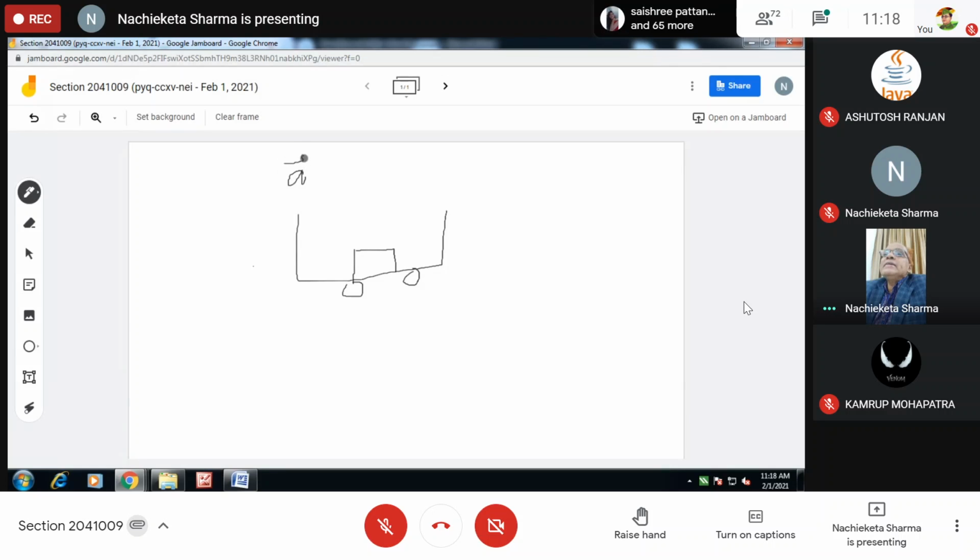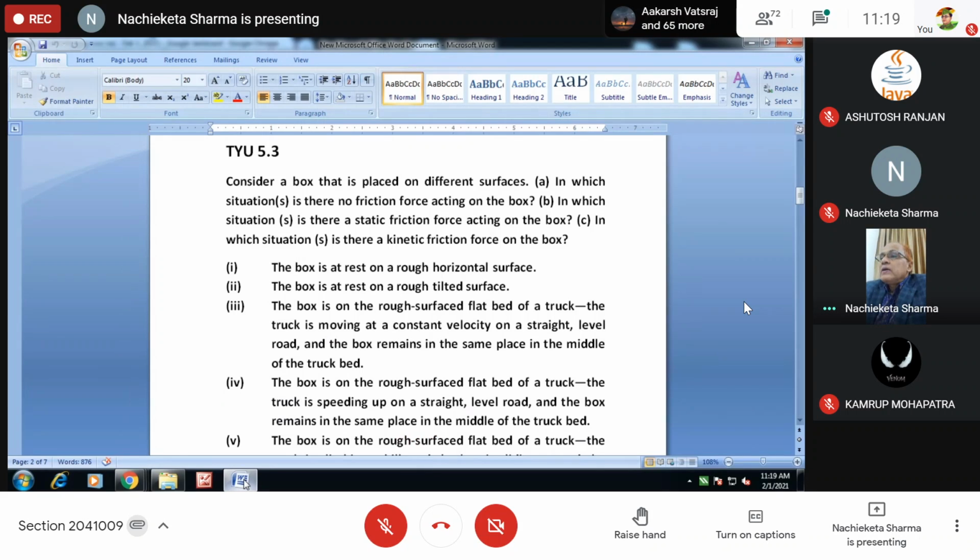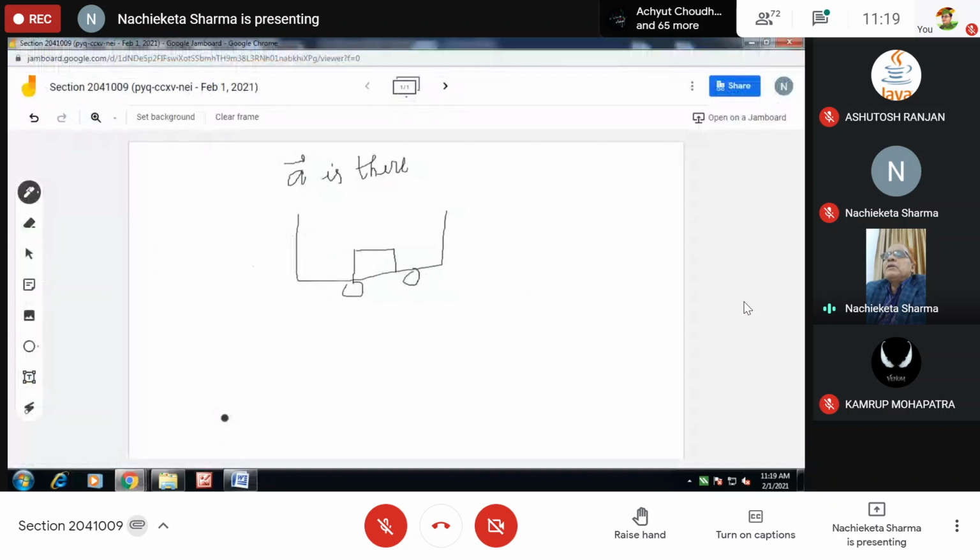The truck is speeding up, because there is a force on the truck. And the box remains in the same place in the middle of the truck bed. The box is not moving, but there is a force acting on the truck, otherwise where would this acceleration come from?